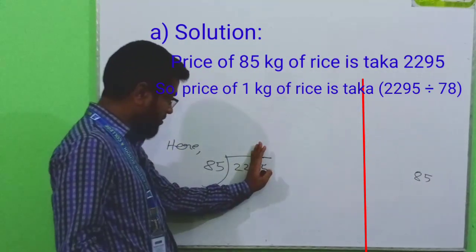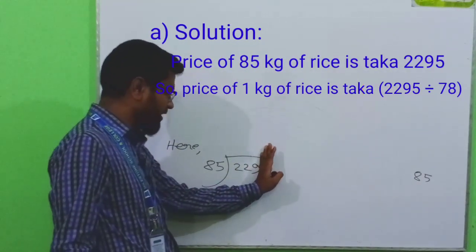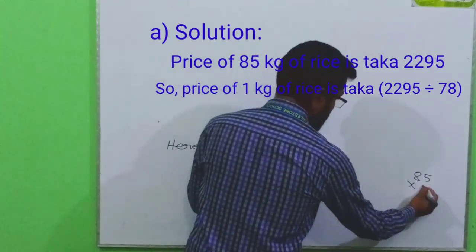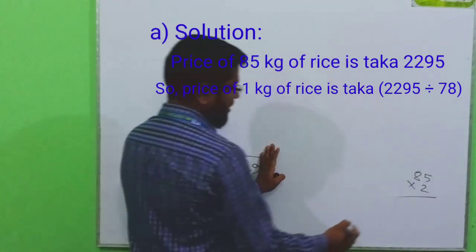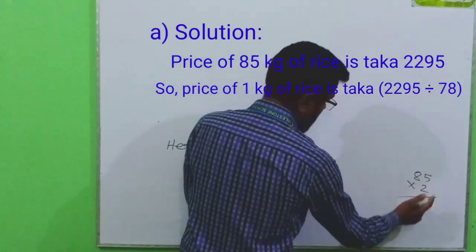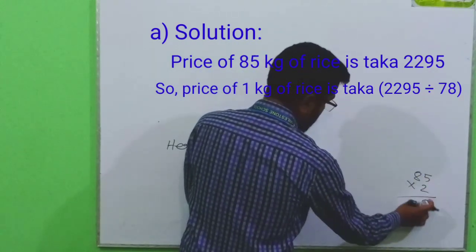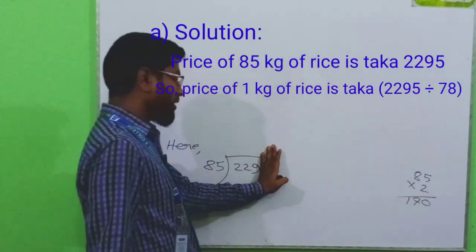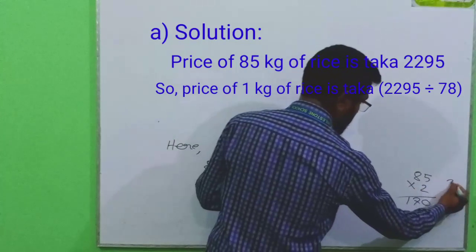So 2 digit not possible, 3 digit yes, 229. So go for 2 times. How many times? What will be here? 0, then 10, then 1 is carrying, 170. 170. So go for next one.